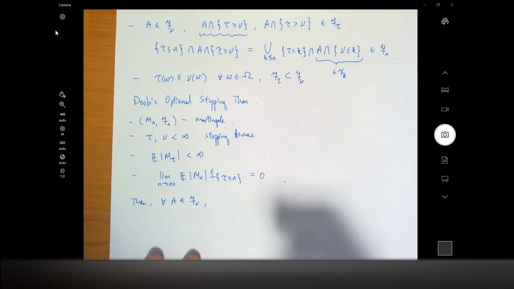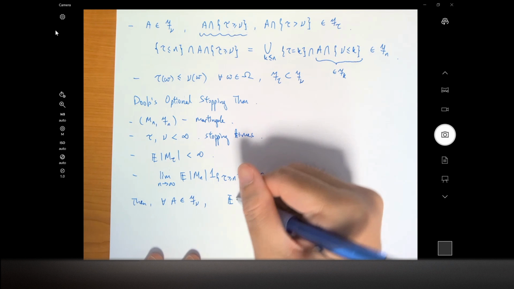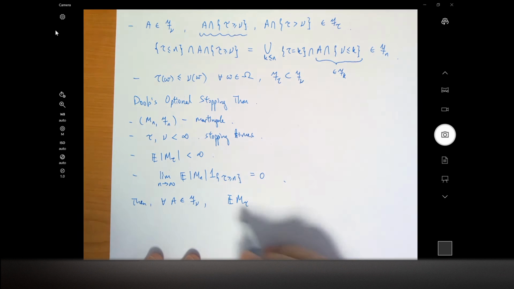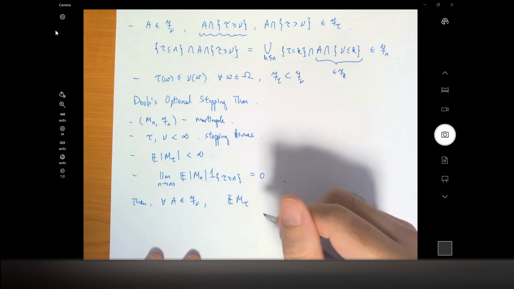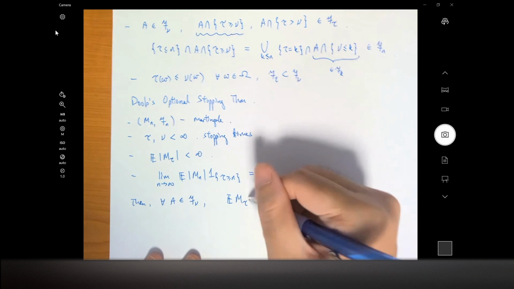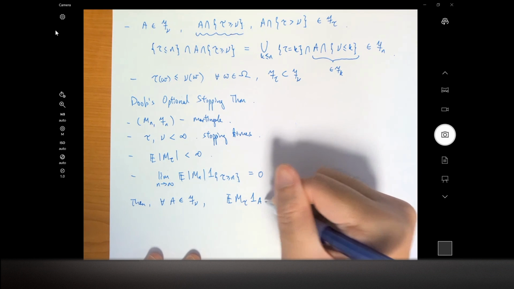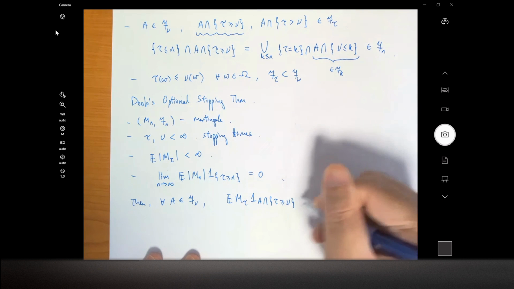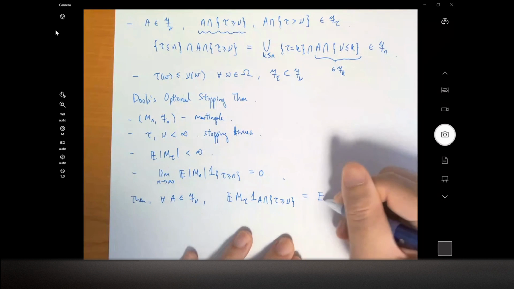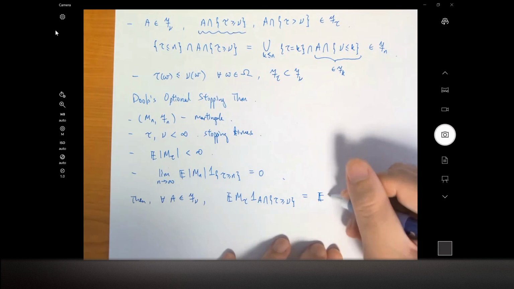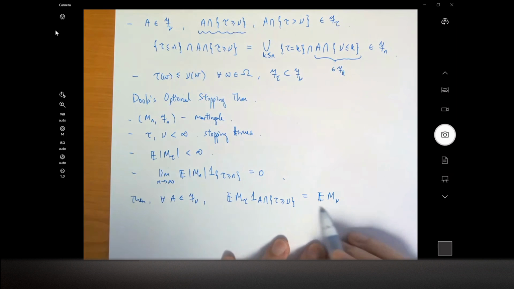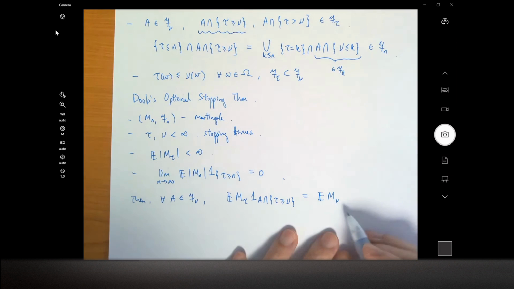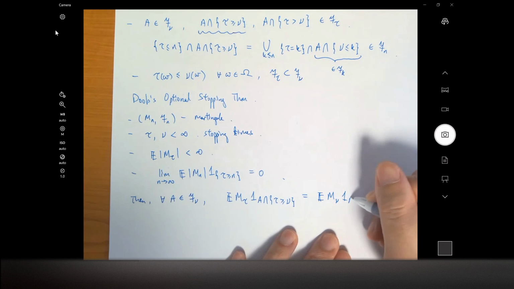So if I look at the M of tau restricted to this event, let me write it out first. This expectation is going to be the expectation when I take M of nu on the same event.